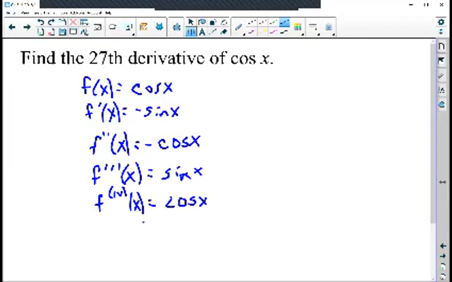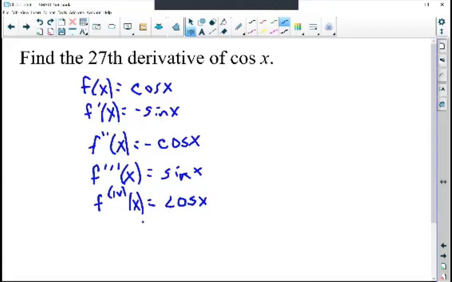So that's 4, but the 8th derivative would be here, and the 12th, and the 16th, and the 20th, and the 24th, 25th, 26th, the 27th derivative would be exactly the same as the third derivative.